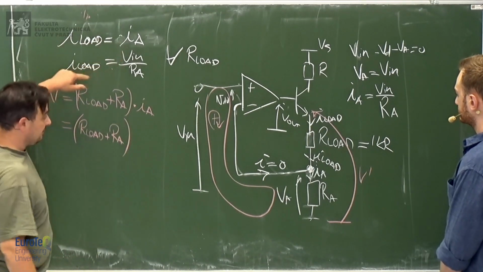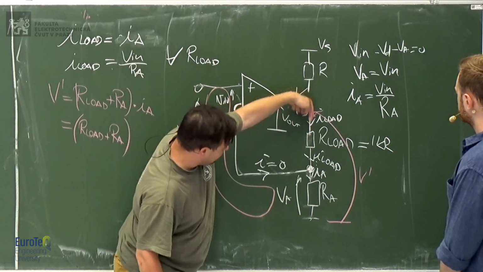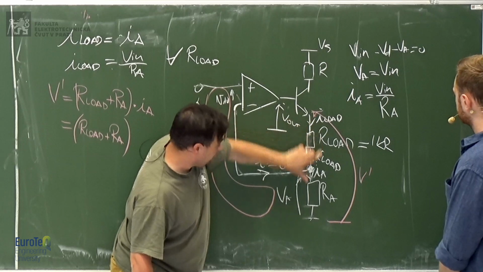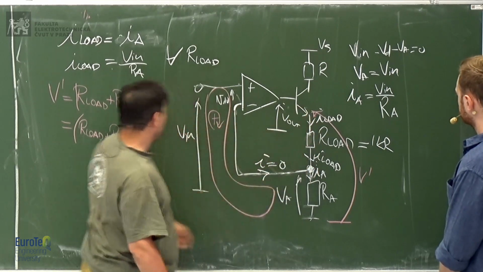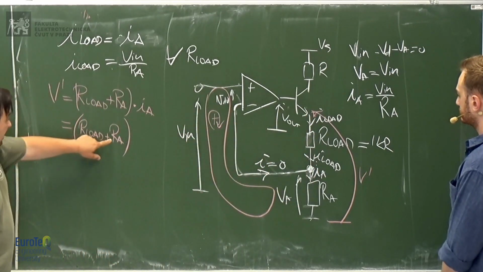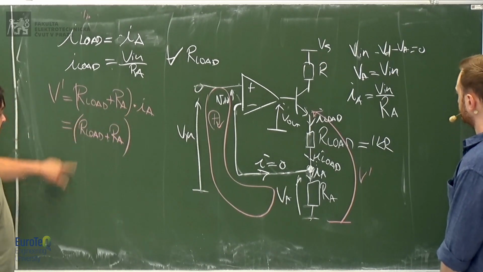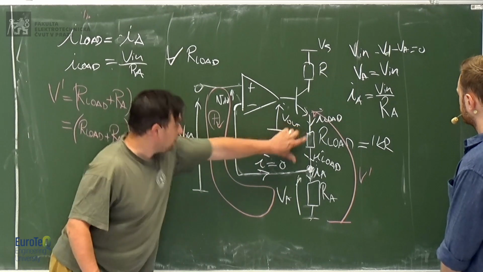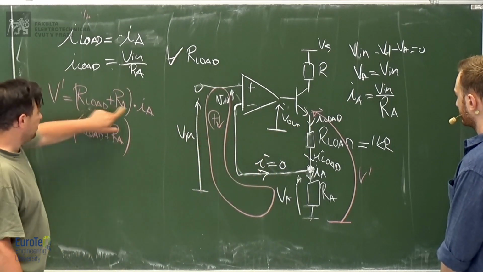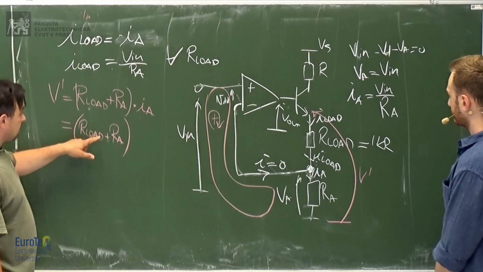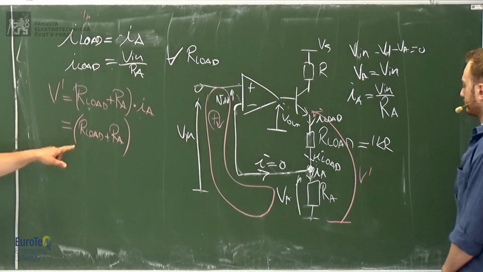I load and IA are the same, so the same current flows through both resistors. So you have this voltage plus this voltage, correct? The voltage on RA is RA times IA. The voltage on the load resistor will be R load times IA, which is the same as the current in the load. Therefore, you get what?